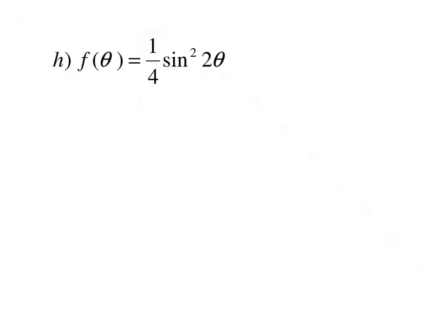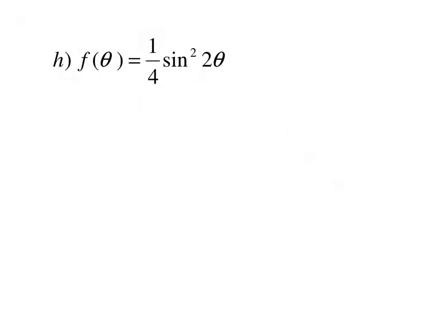All right, so what's our outer function here? Well, 1/4 is a constant, right? We have sine squared of 2 theta. How many functions are we working with here? Three. Good, Melissa.